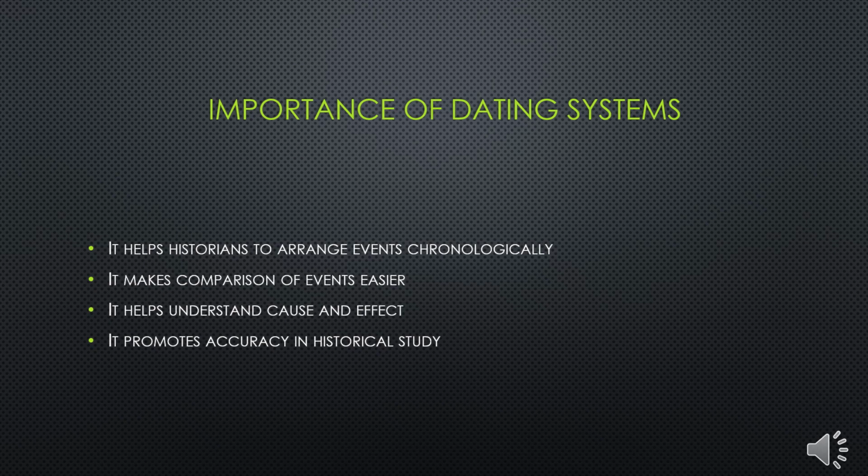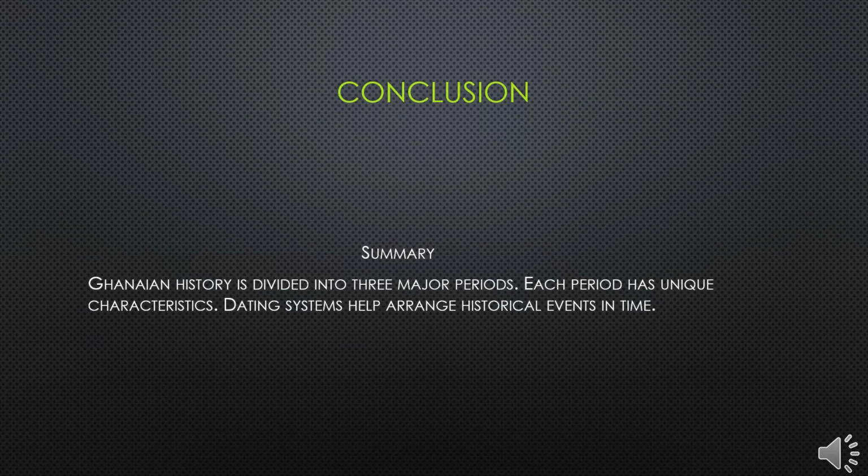And the last one, it promotes accuracy in historical study. So in short, we say the dating system helps historians arrange events in order, understand cause and effect, and compare historical developments.